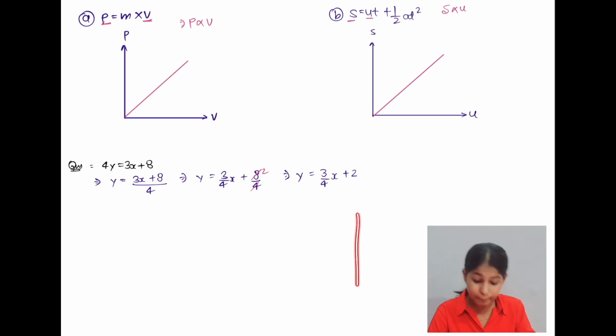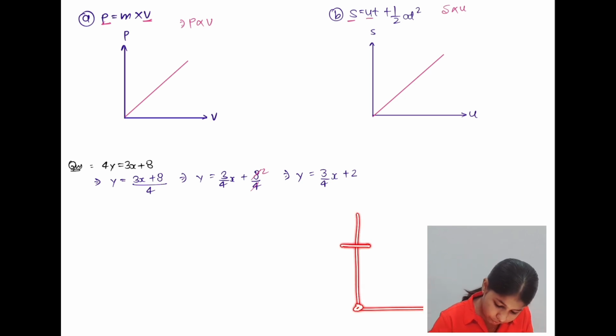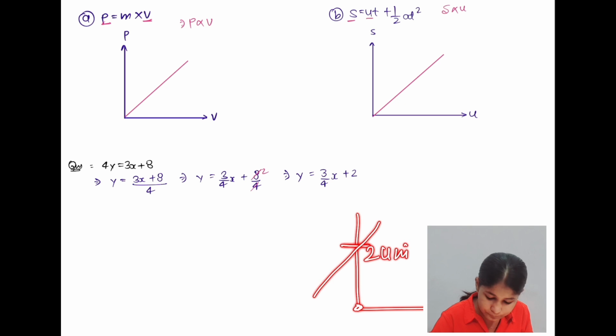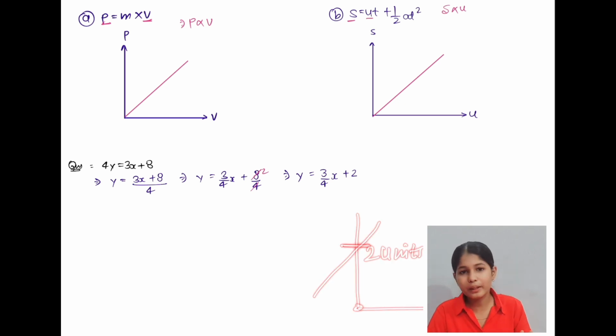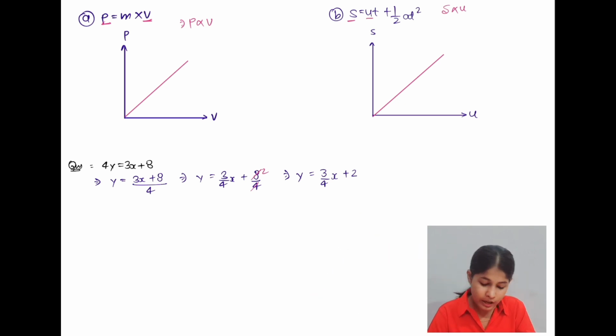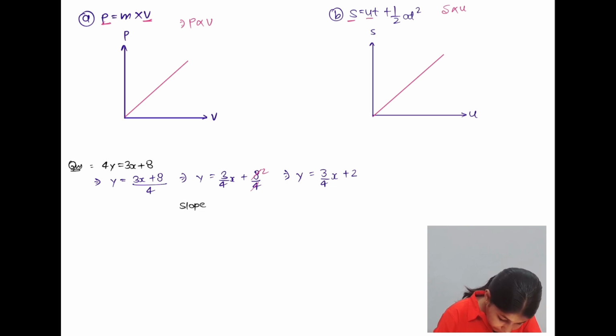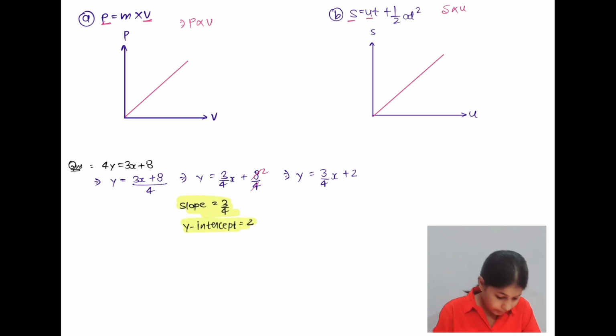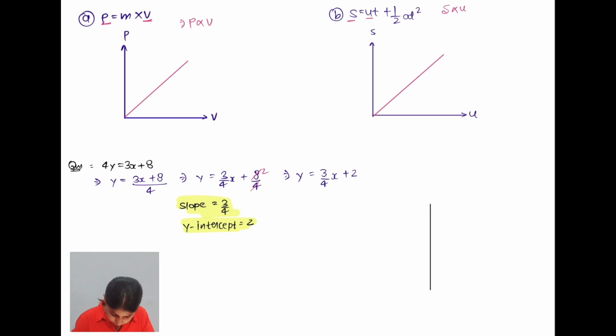Yes, in the plus manner, above the origin, at 2 units. So this is our simplification. Now let me write here: what is the slope? 3 by 4. And y-intercept is equal to 2. Now let me draw a graph.